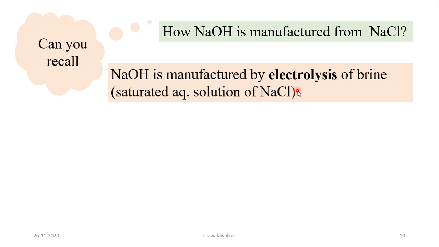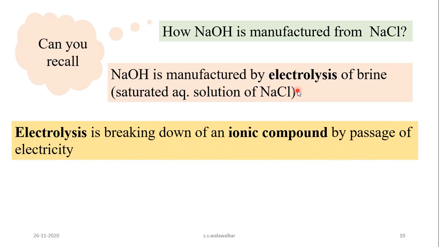Now what is meant by electrolysis? Electrolysis is the breaking down of an ionic compound by passage of electricity. An ionic compound means a compound formed from a metal and a non-metal, such as NaCl. Sodium is a metal and chlorine is a non-metal.